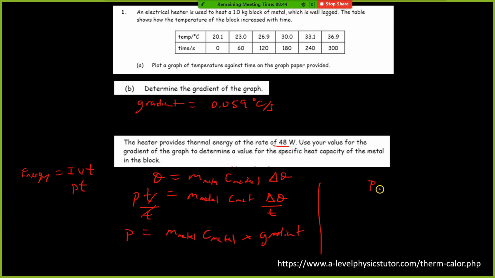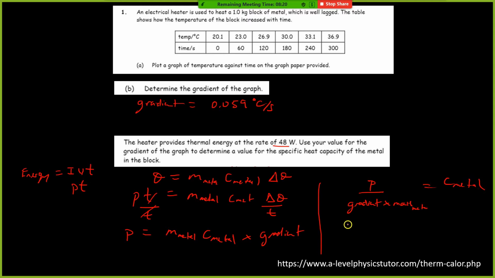So P divided by the gradient, and then we multiply that by the mass of the metal. That is now equal to the specific heat capacity of the metal.